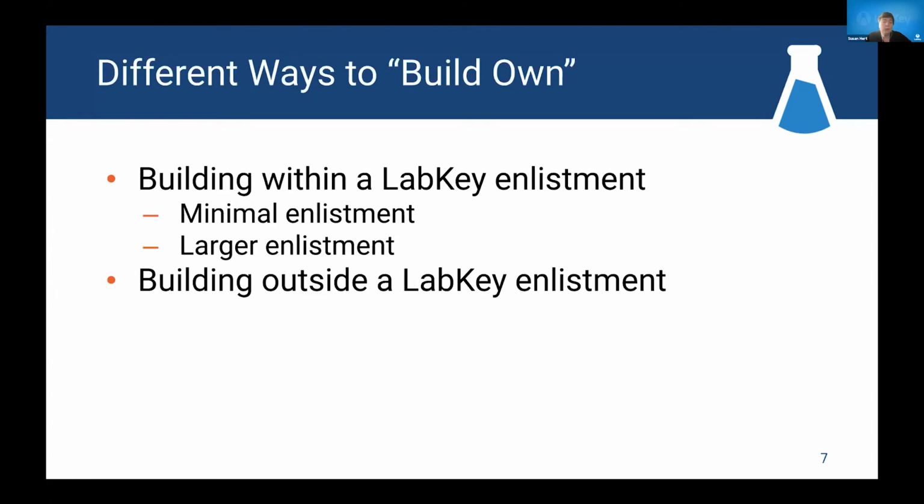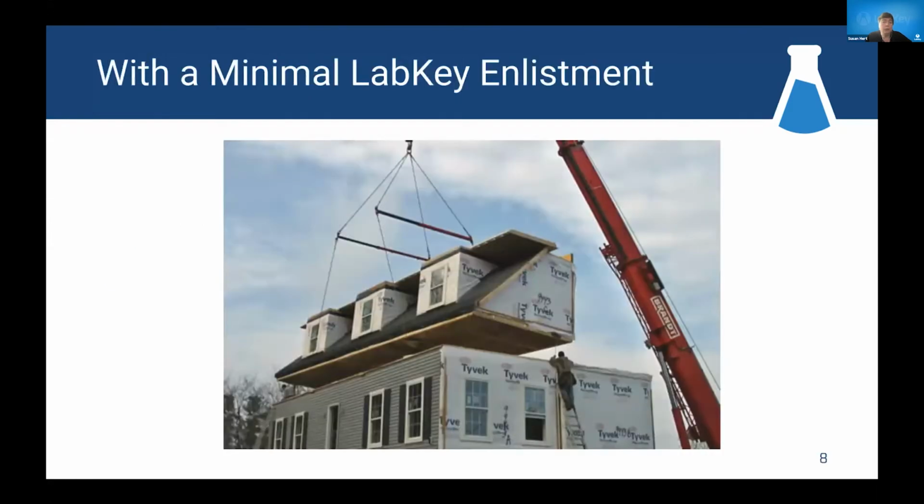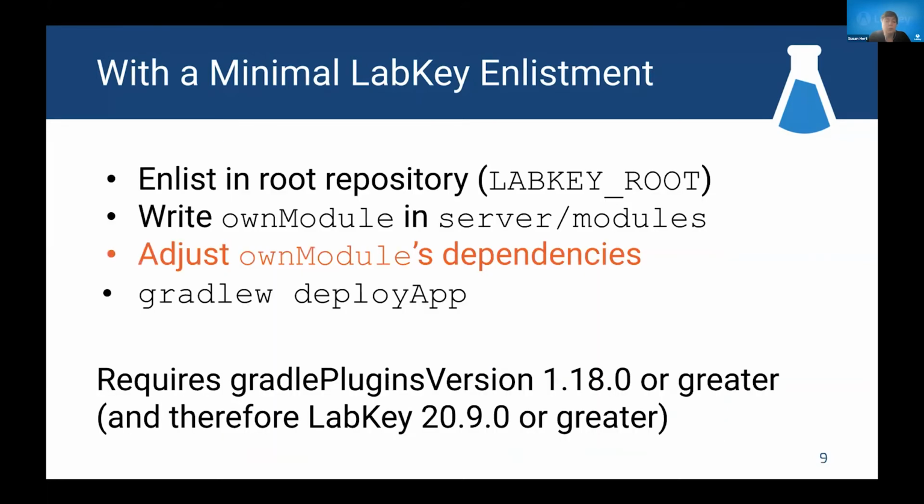So I'll start out with the minimal enlistment example. So this is going to give you the largest artifacts, and you get to not see as much of what's going on, but you still get the artifacts that you need. So this process looks a little different.